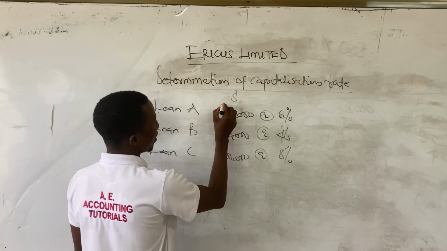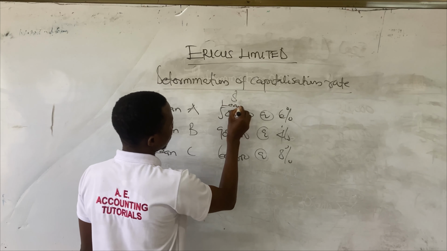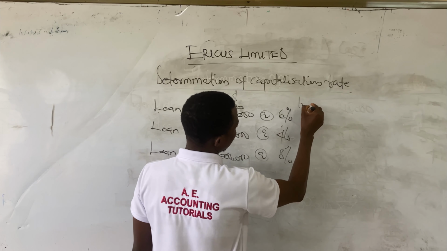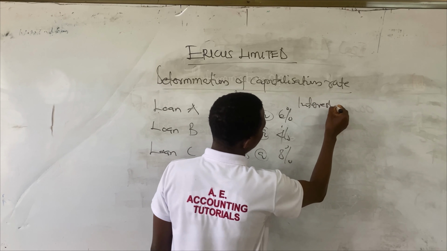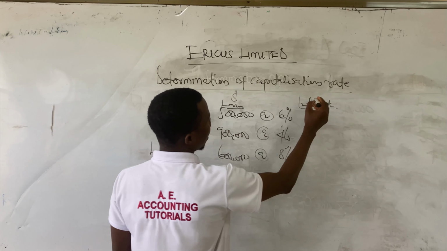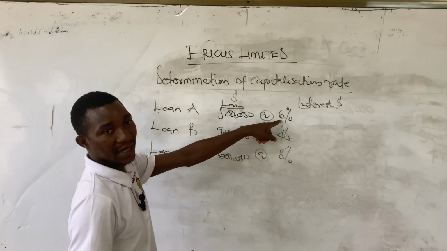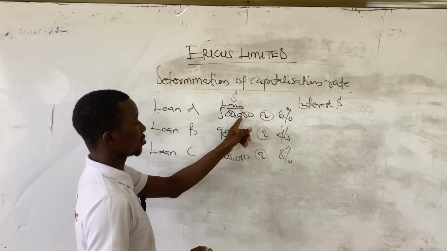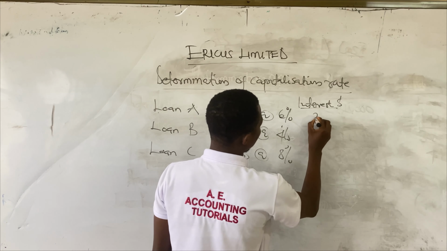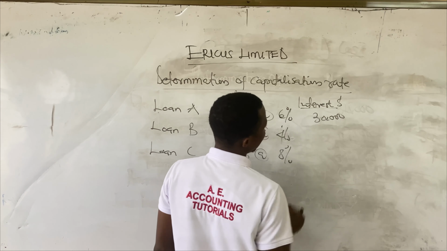So this is the loan amount. Then we look at the interest on each loan, all in dollars. When we multiply the interest rate by this loan, we will have 30,000 as the interest.